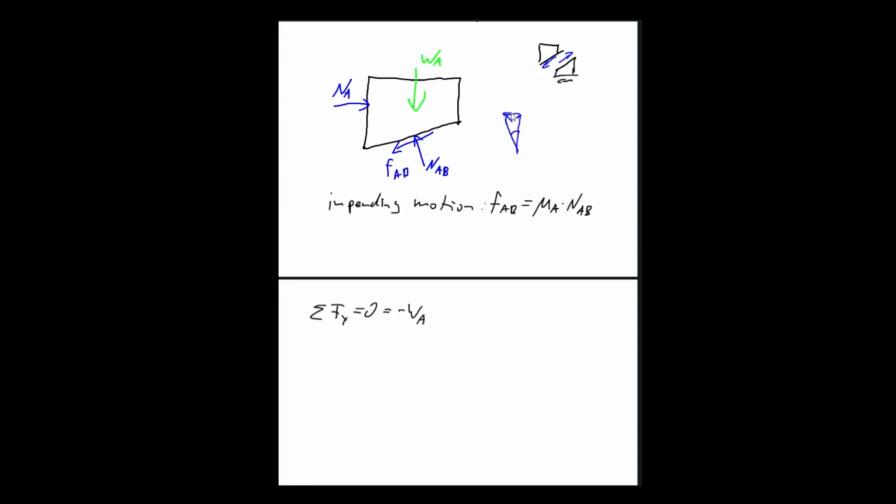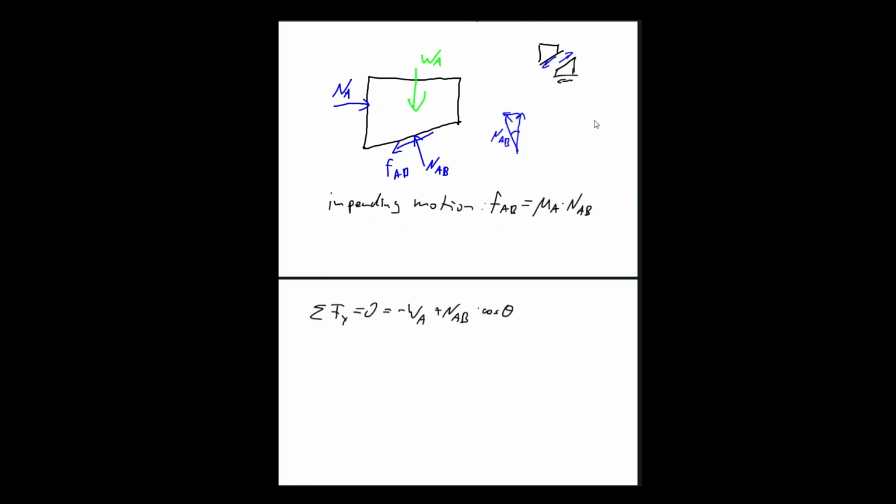So if I'm looking for the vertical component, that would be that part right there. So that would be positive. So plus NAB, and now it is the adjacent one, so cosine theta.